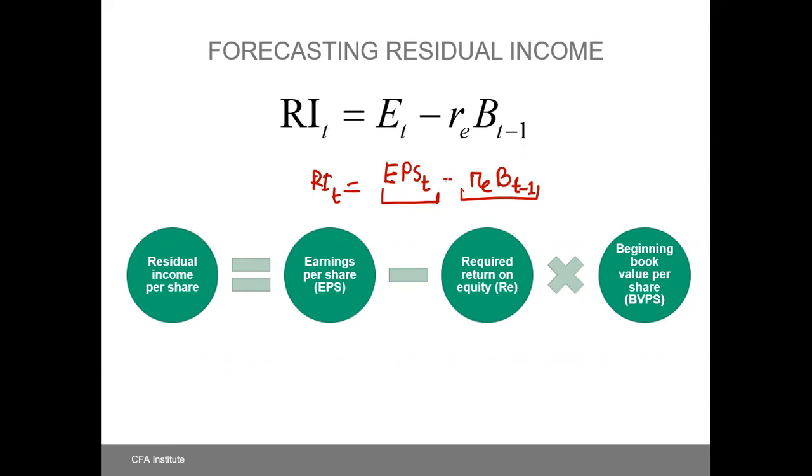So we'll show it in terms of numbers, but note that it is not in the same time denomination. It is the period EPS, but the book value of equity is the beginning equity value per share. Okay, it is the beginning value. Remember it.